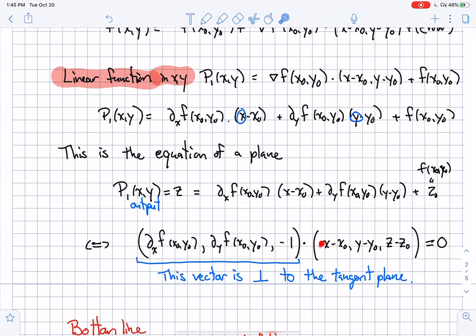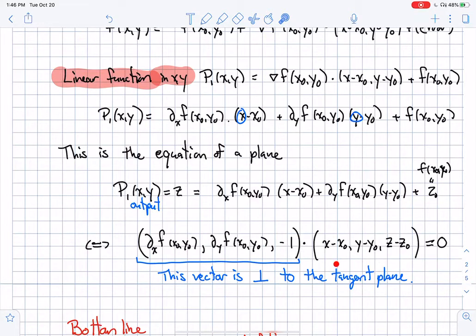So this is the vector if you move away from x0, y0, and all vectors on the plane, you want this to be perpendicular to the normal vector, remember? So we know this is the equation of the plane. I wrote it in standard form.